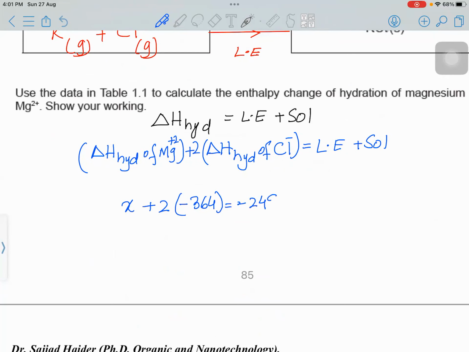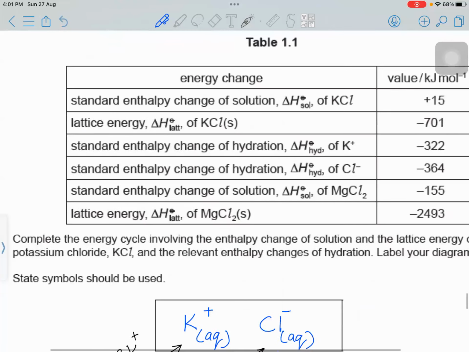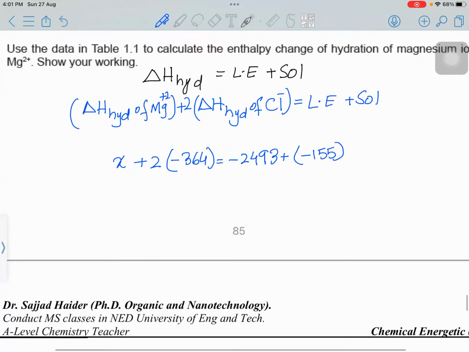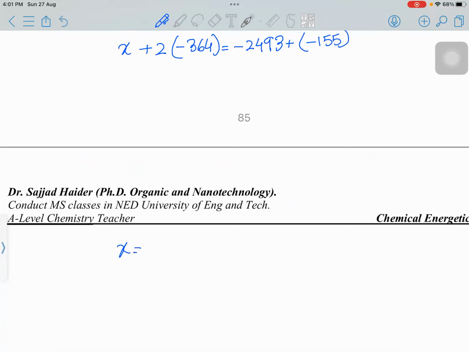And enthalpy of solution of MgCl2 is minus 155.